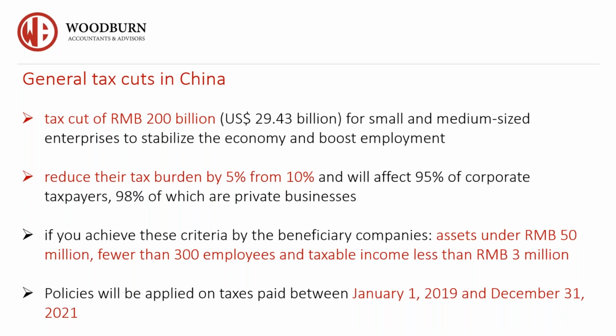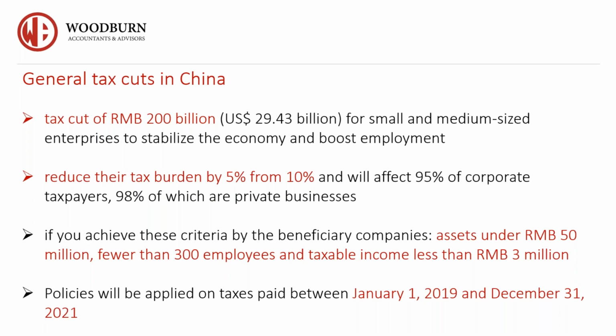The aim of the government is to have a tax cut of about 200 billion renminbi for SMEs and startups in China, basically to stabilize the economy and boost employment. So there are certain criteria that you need to reach in order to be able to benefit from these various tax cuts.